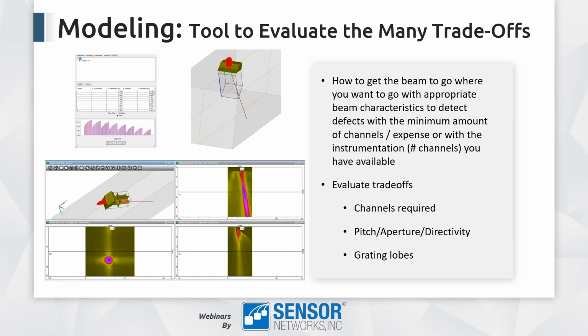So at the end of the day, we need to evaluate trade-offs: the number of channels required for the application, the pitch and the aperture, the architecture, if you will, and any bad effects based on what you've done, for instance, grating lobes and noise.